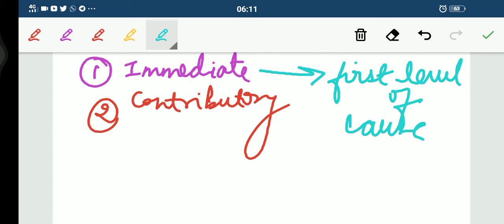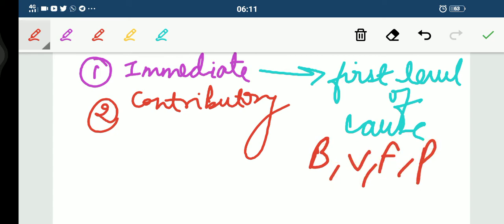Fine. So I'm just writing here so that you don't forget these things. We have bacteria, viruses, fungi, and protozoans. Fine. But when I'm talking about contributory causes, these are also called the intrinsic or internal factors. They do not lead to a disease themselves.